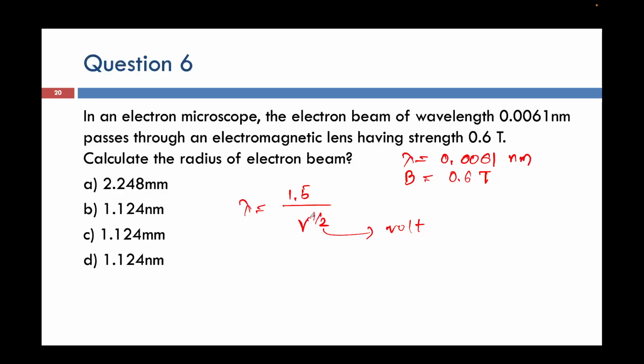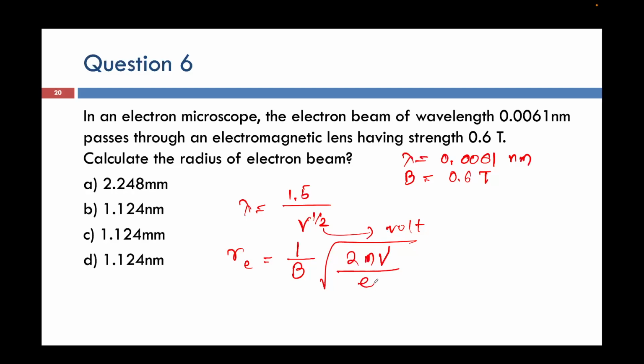After the electrostatic lens, there was another section in the introduction of the electromagnetic lens. So the radius of the electron beam, that formula is given by R of electron is equal to 1 by B times the square root of 2mV divided by e.